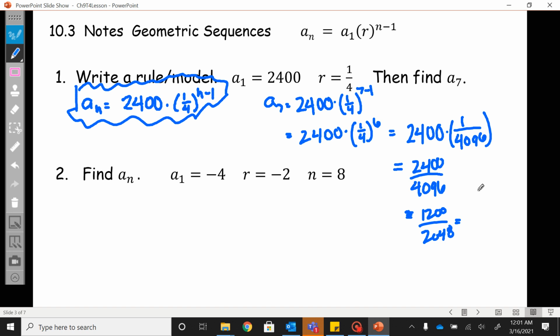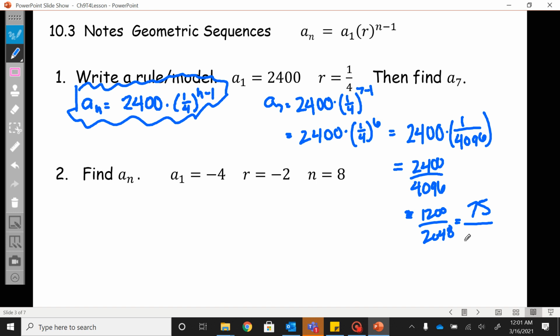Maybe they're both divisible by 4. They are. I think they might both be divisible by 8, actually. They are. Let's try and see if they're both divisible by 16. Yeah, they are. So 16 goes into 1200 75 times.